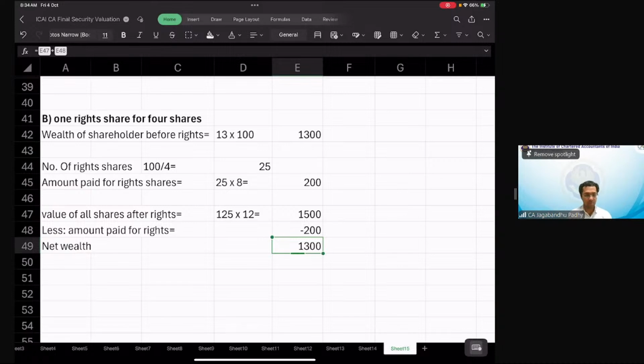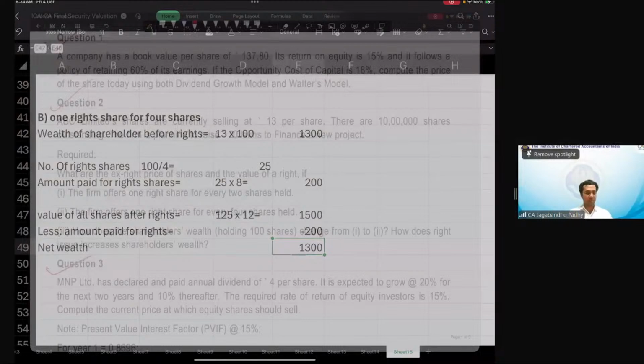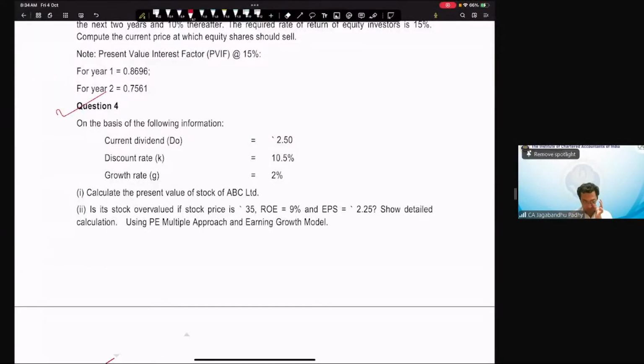Now, let's take up another question. So 3 is done. Now, it's time for question number 4, guys. Information, 2%. Calculate the present value of the stock of ABC Limited. Is its stock overvalued? If the stock price is 35, return on equity is 9%, and EPS is 2.25.